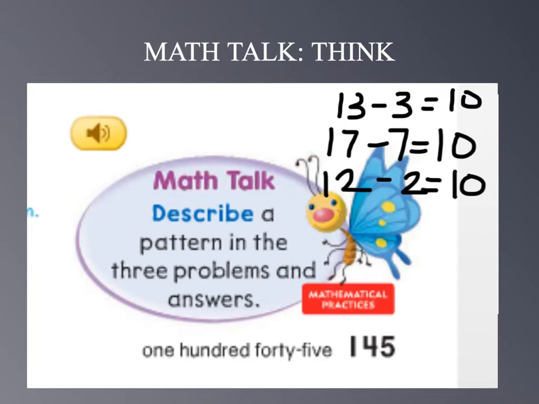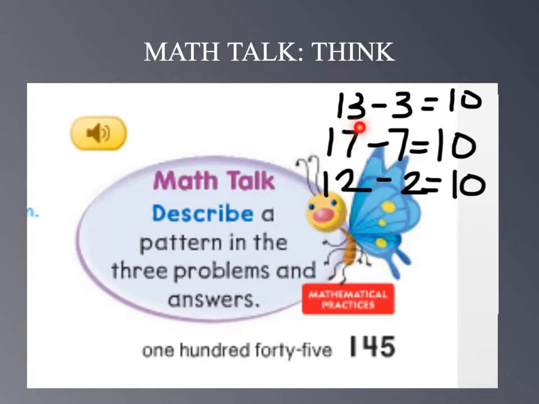Describe a pattern in the 3 problems and answers. Did you notice any patterns? I noticed that for each problem, the number of crayons left over is 10. The ones digit in each number that we started with, so 13, 17, and 12, is how many were subtracted.